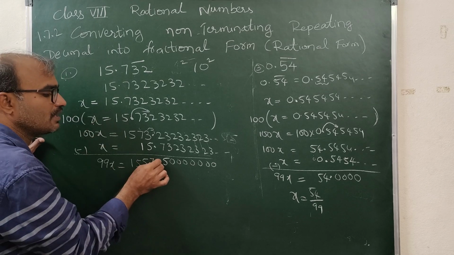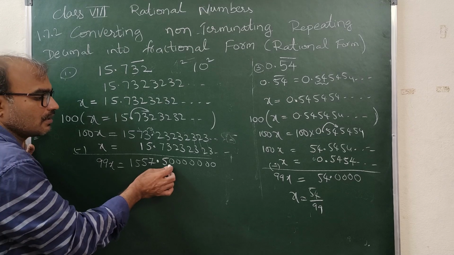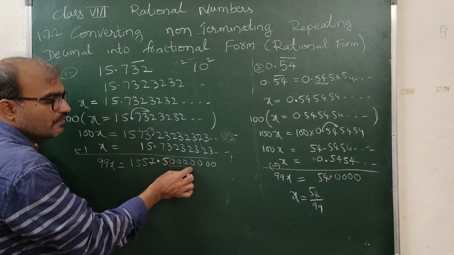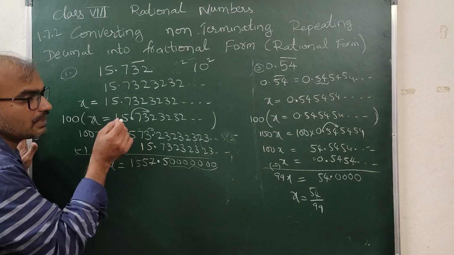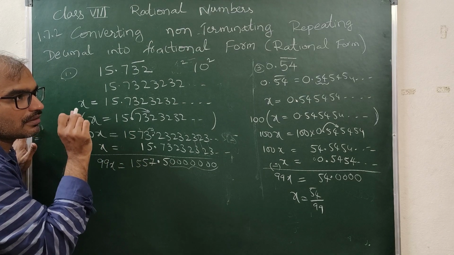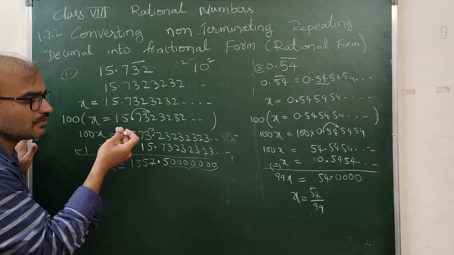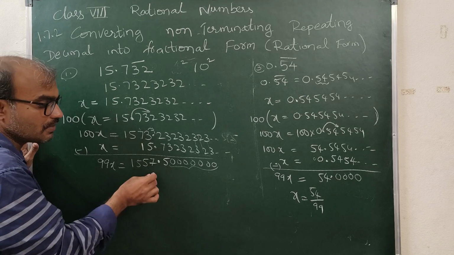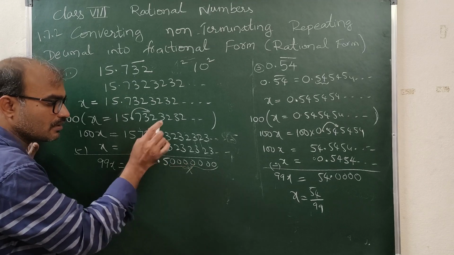But here after the decimal point 1 digit is there. Though there are zeros repeating here, there is no value for these repeating zeros. We learnt this while converting a fraction into decimal form; we wrote any number of zeros required. Similarly here, any number of zeros after the decimal point has no value.